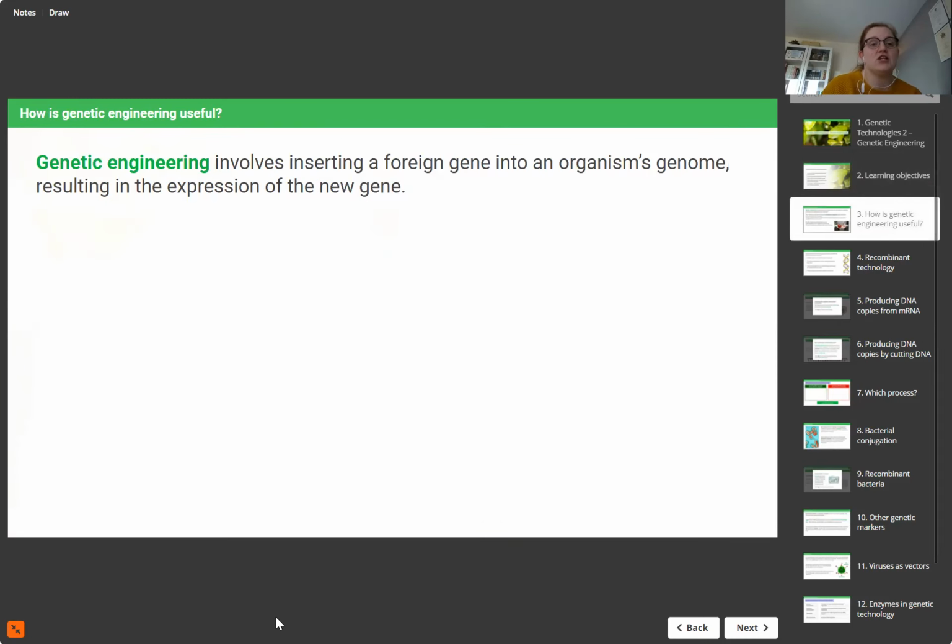So how is genetic engineering actually useful? We had a little bit of talk in the last session, where we were looking at cloning, about how clones would be really useful. But genetic engineering is different to cloning. We're not just making an exact copy, but genetic engineering is where we insert a foreign gene into another organism's genome, and it results in the expression of a new gene.